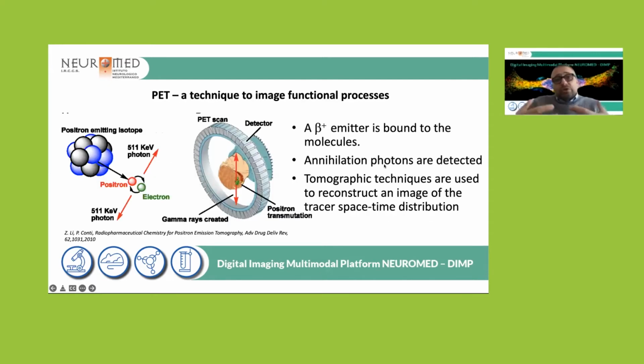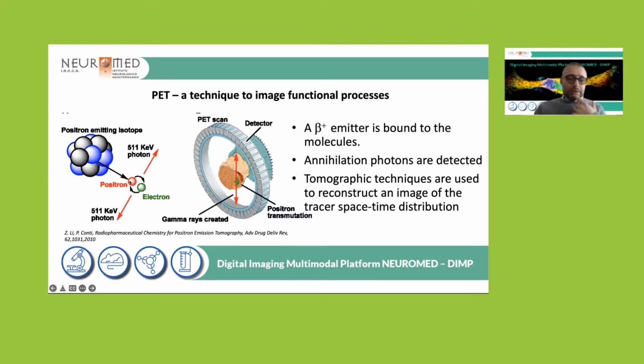With positron emission tomography, we try to approach this problem, and we try to make a compromise between our aims and what we can really get. So positron emission tomography is a technique to image functional processes in vivo. What we have are compounds which are bound to positron emitting isotopes.